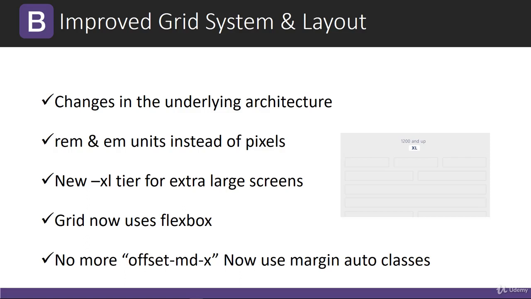Alright, the grid now uses Flexbox, which gives us better control over alignments and so on. One thing that's no longer used is the offset classes. We now use our margin auto classes like ml-auto and mr-auto, and you'll learn about these and some of the other spacing classes throughout the course.